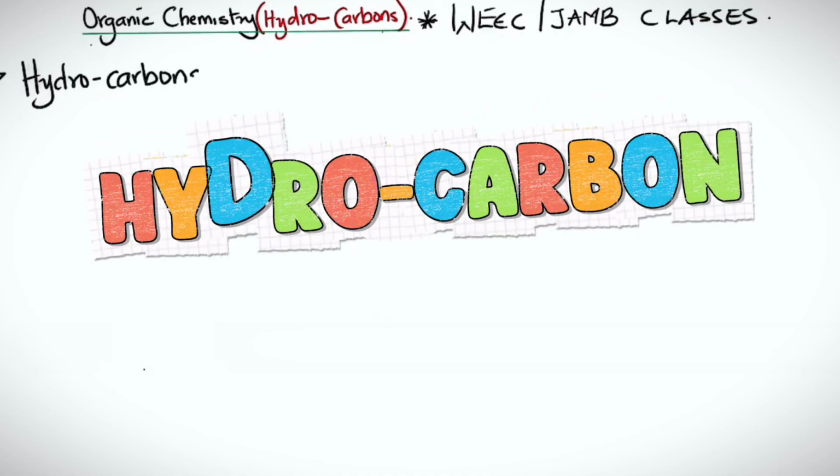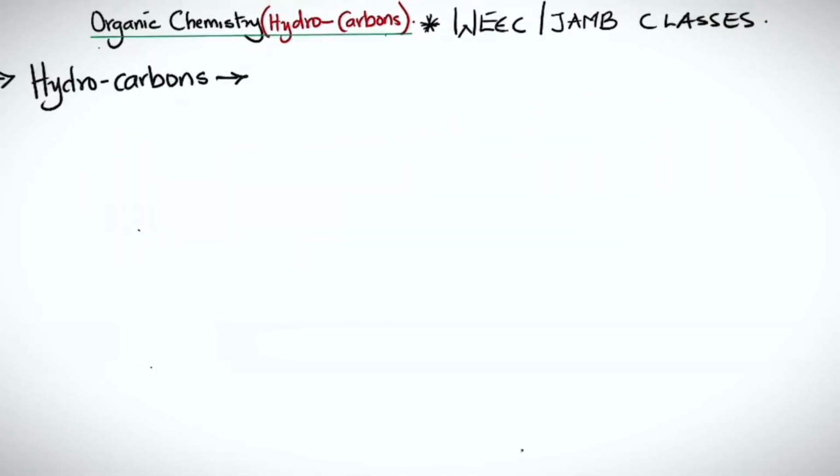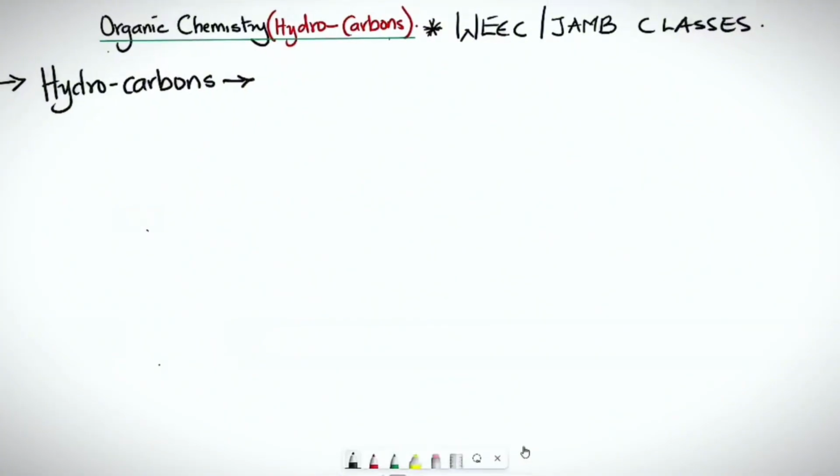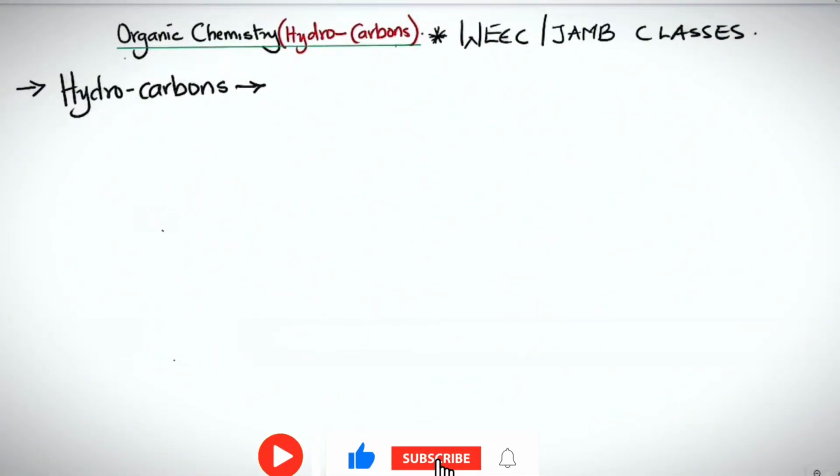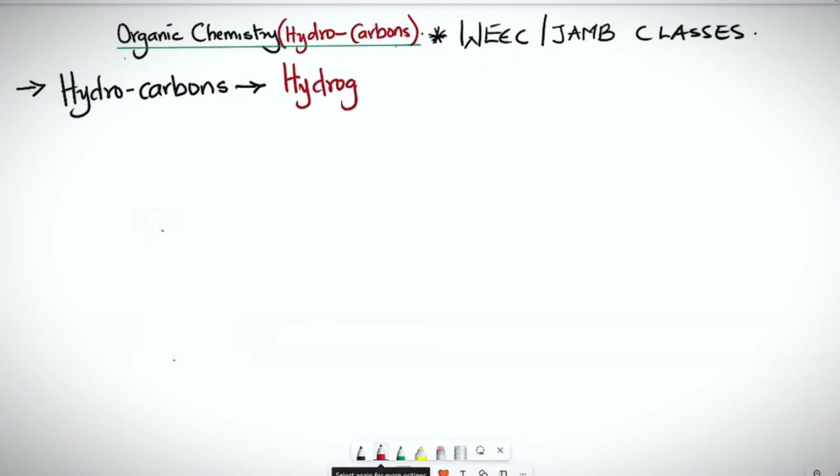Hydrocarbons. And I'll be giving you simple definitions as regards all of this. What are hydrocarbons? Hydrocarbons are organic compounds that consist of hydrogen and carbon alone. They consist of hydrogen and carbon as their main substituents.